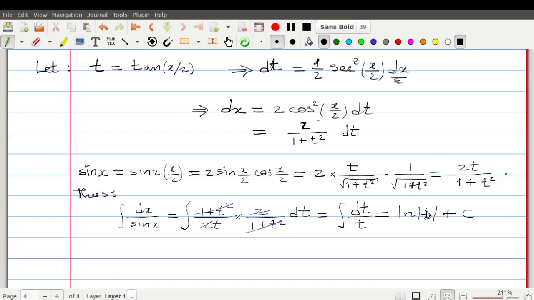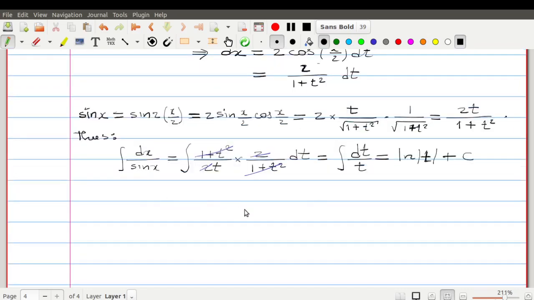But we know already what our t is, it's tan of the half angle. So it's ln absolute value of tan x by 2. Now this depends on x, right? We have our x there. And that is it for this first example.